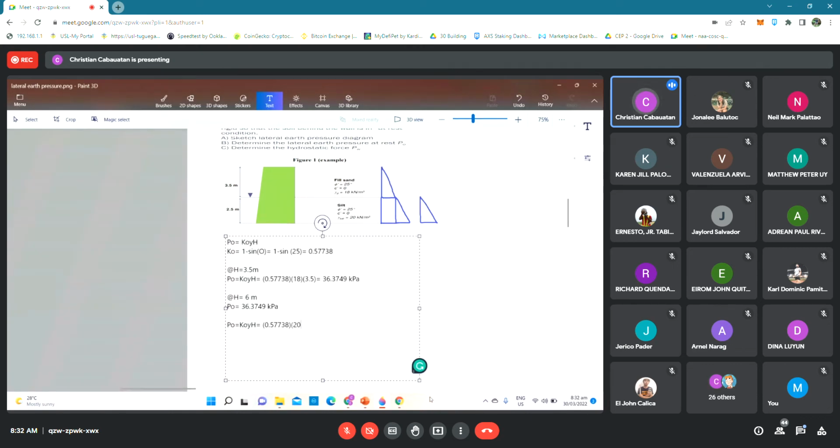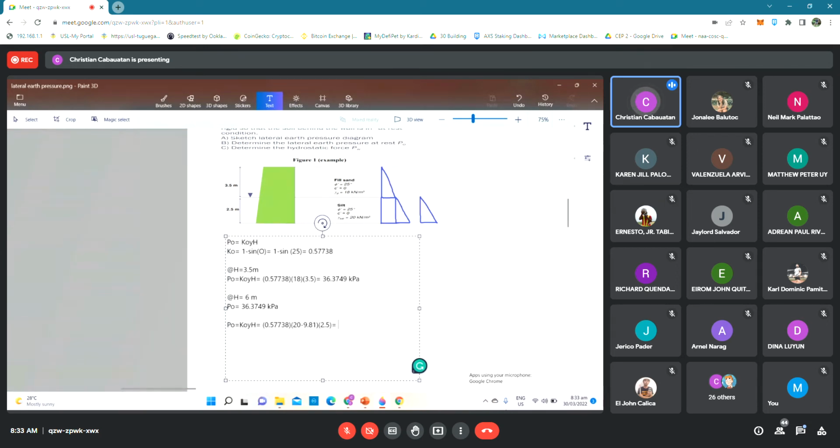Take note it is saturated, therefore subtract the gamma of water, or make it submerged, or effective stress, wherein 20 minus 9.81, times your height, which is 2.5.